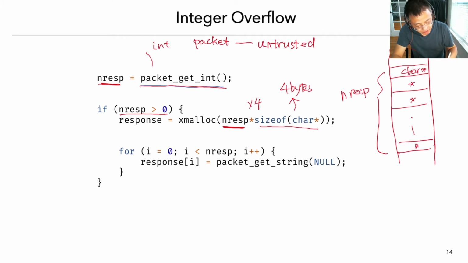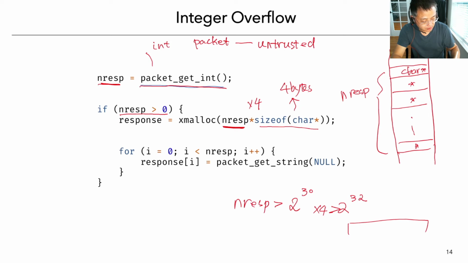So if the number NISP is larger than 2 to the power of 30, now the number is larger than 2 to the power of 32 when you multiply this by 4. When you do this, this is bit 0, bit 31, and bit 32, but bit 32 will be discarded.